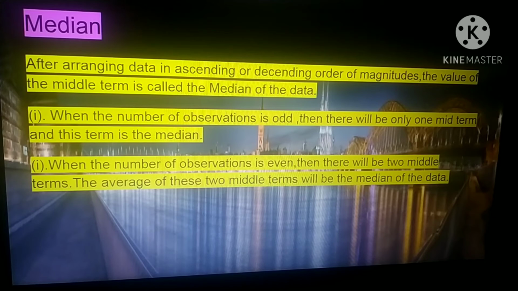For that, we have to find the total number of observations and check whether that number is odd or even. If the number is odd, then we take the middle term of the given data. In the next class we will see what to do when the number of observations is even.